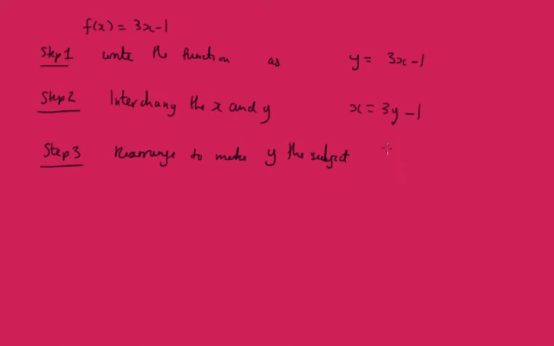So in this case you're going to end up with y equals x plus 1 over 3. So for the function f of x equals 3x minus 1, the inverse function is x plus 1 over 3.